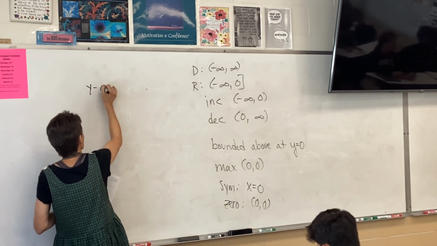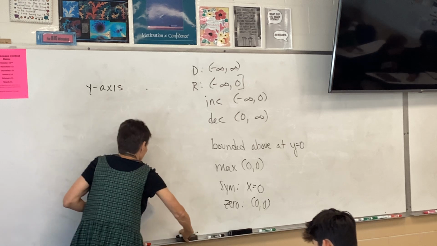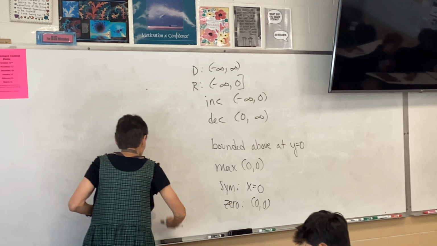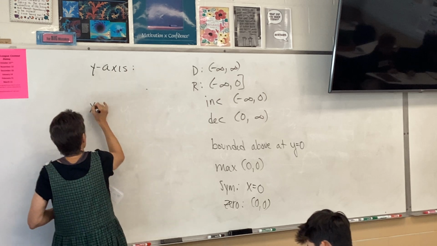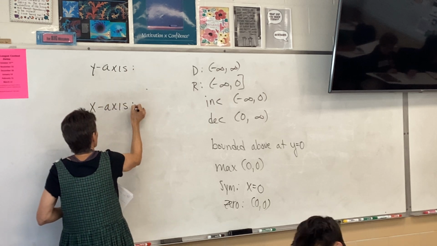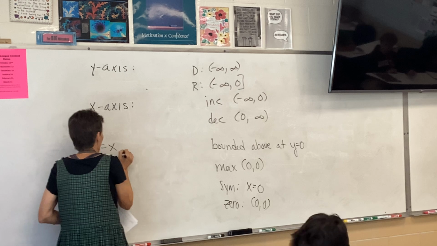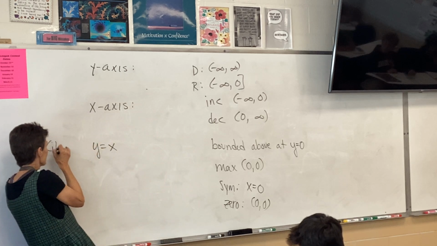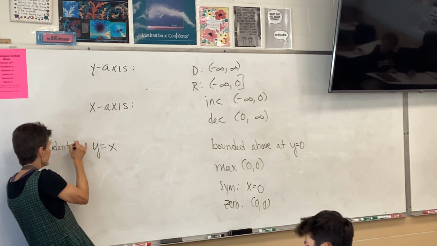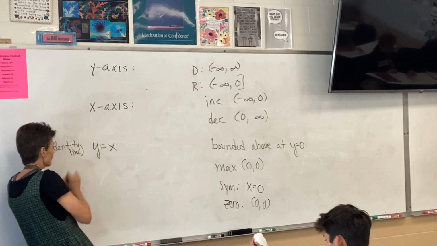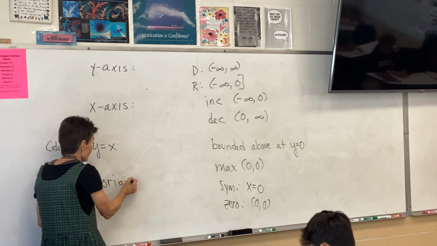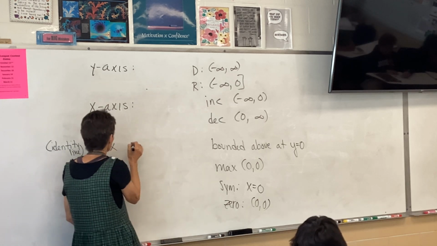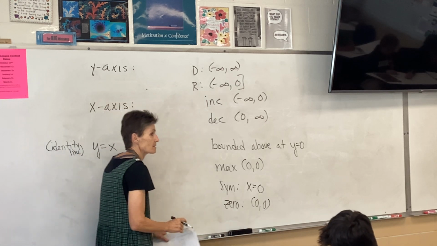Our special symmetries are the y-axis, the x-axis, the identity line (I'll put that in parentheses), and the origin. These are our special symmetries.